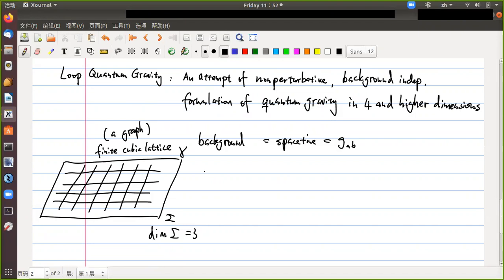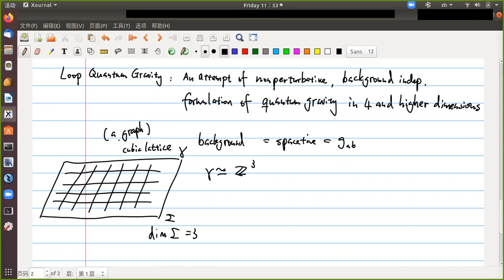Namely, this gamma is Z3, but finite. Usually in lattice gauge theory, people write the lattice as Z3. Since we talk about this finite one, but this finiteness is not so important. So let's just say this is a cubic lattice.